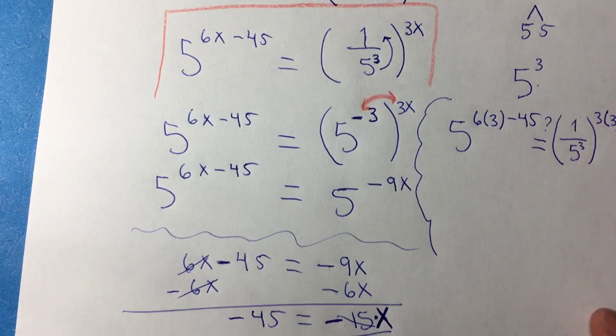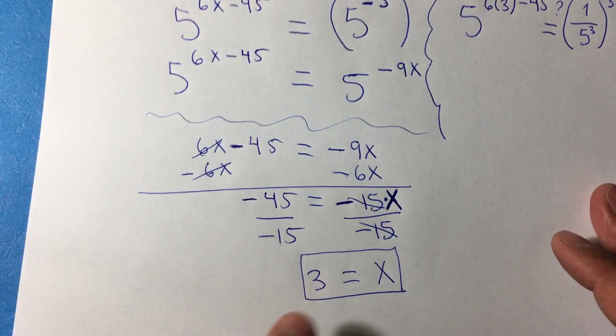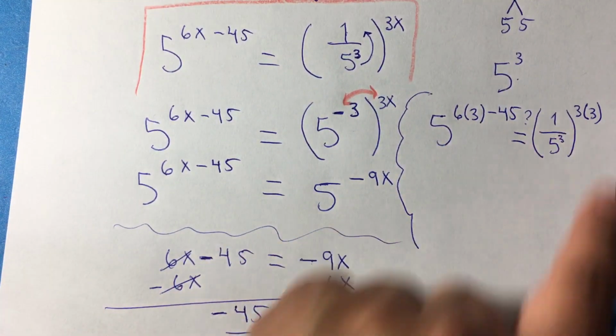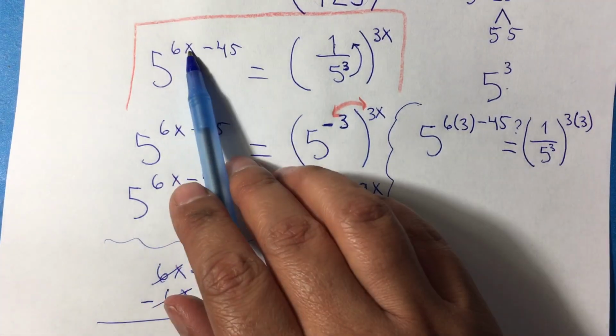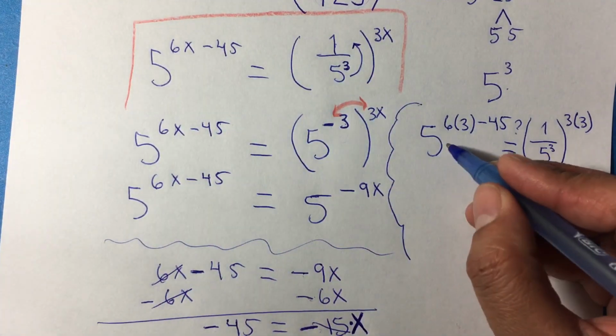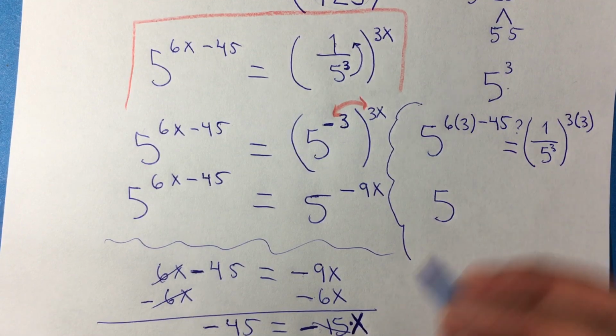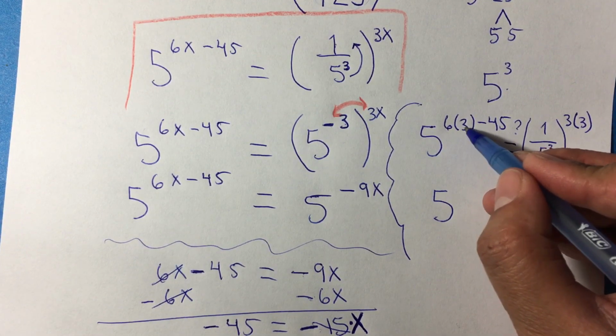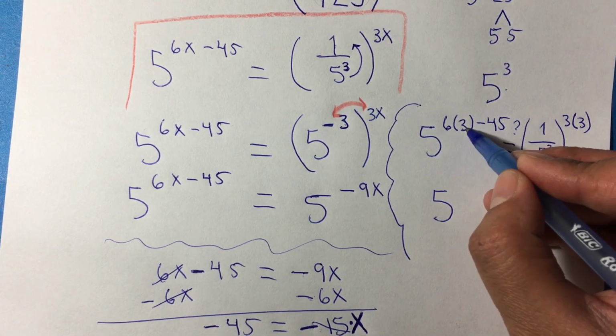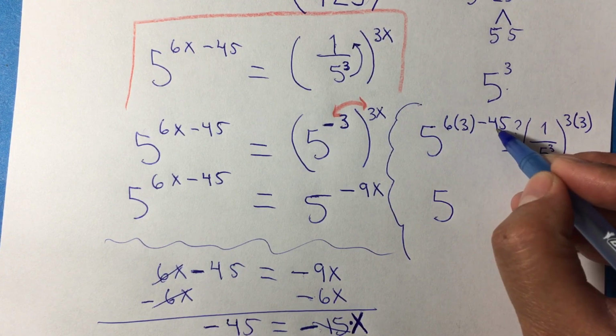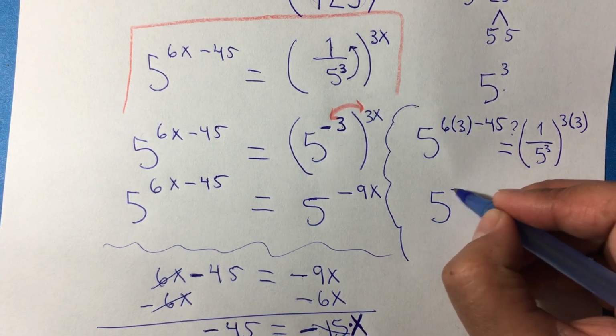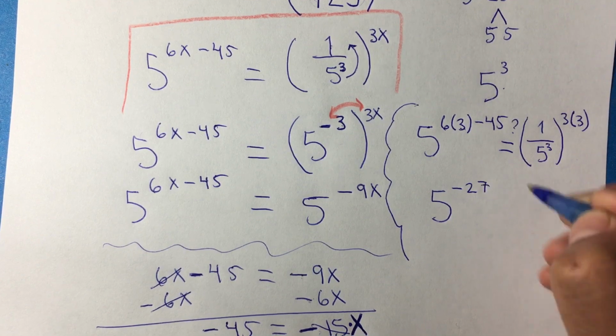That's what we found down there, okay? That's where we're replacing the 3 where the x was, here and here. Now, we say 5, and we multiply 3 times 6, or 6 times 3 is 18. 18 minus 45 is negative 27.